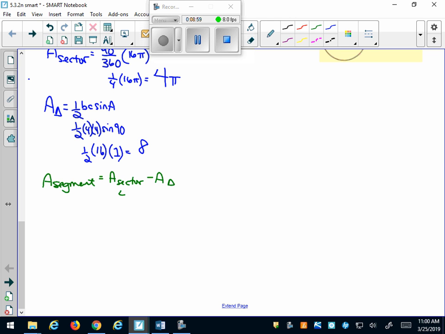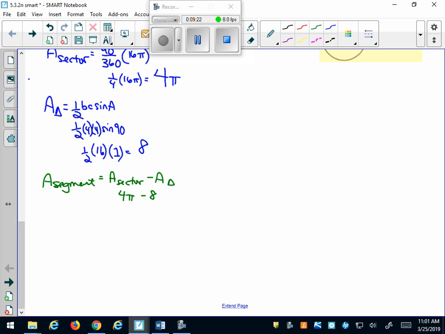So we're going to do 4 pi minus 8. Now for this one, since the sine of 90 is 1, we didn't end up with a decimal, so if they asked for exact form, you could leave it in its exact form, right? The exact form would be 4 pi minus 8. Can you simplify that? No, it just would be 4 pi minus 8.